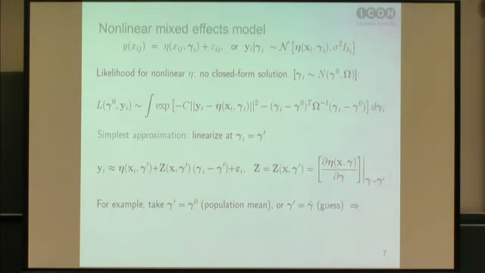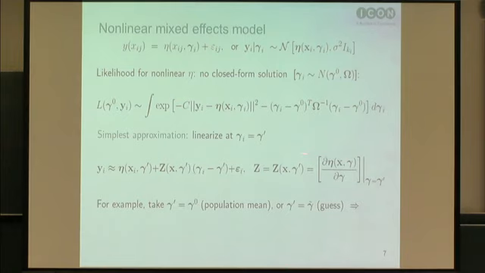And the simplest approximation is to linearize at individual effects gamma, so at some point, which I denote gamma prime. If you do linearization, you can approximate your observations as a linear mixed effect model. So matrix Z here is simply the matrix of partial derivatives of the response with respect to the unknown parameters gamma. Which gamma prime to take? There are several options.